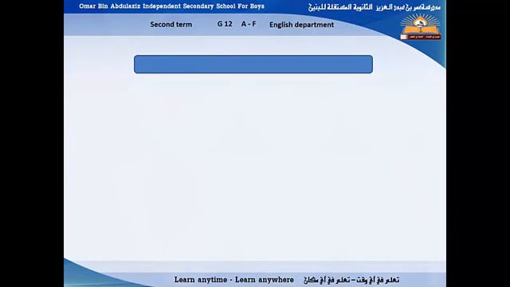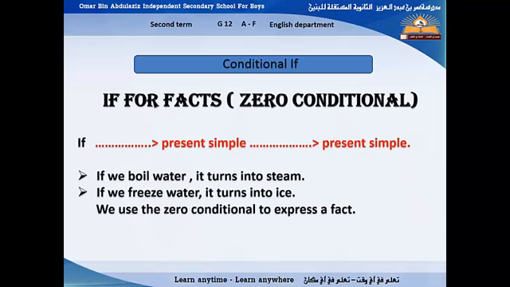Now we are going to move to another thing, but we are still dealing with if. Here we have what we call the zero conditional. What do we mean by zero conditional, and what is its use? Zero conditional is a kind of if case, but we use it to express facts.